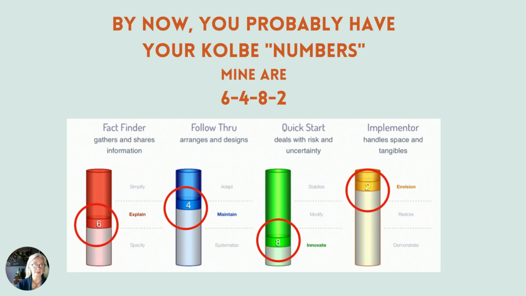By now, you probably have your Kolbe numbers. If you haven't done it yet, you can go to kolbe.com and take your test. My numbers are 6482. So this gives you an idea of how the test looks once you've gotten your results.